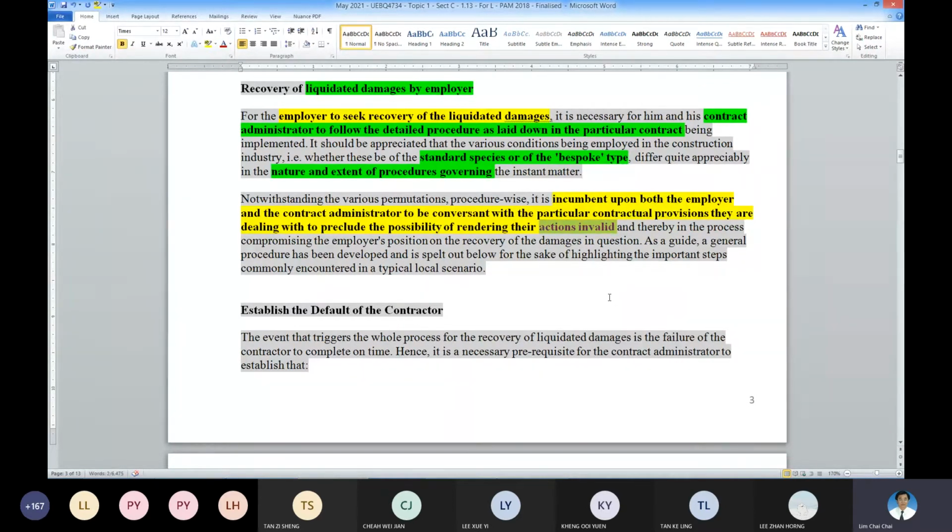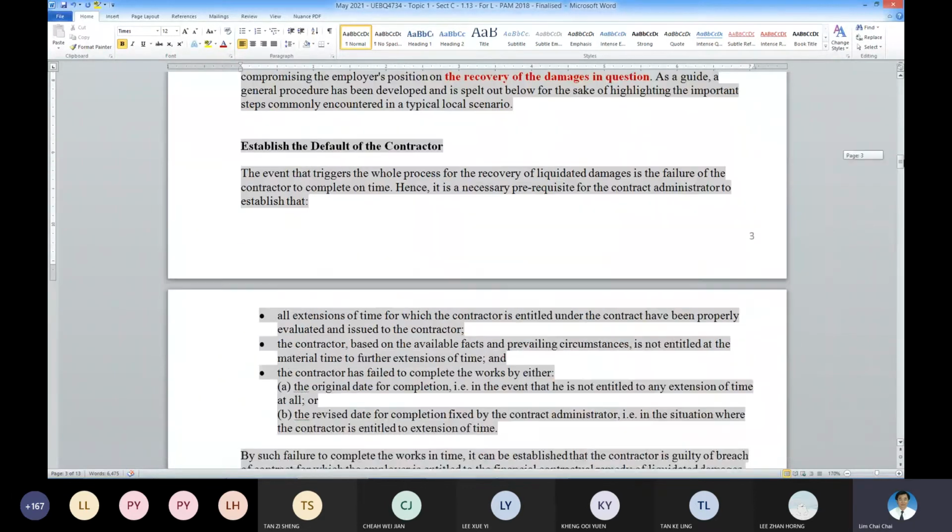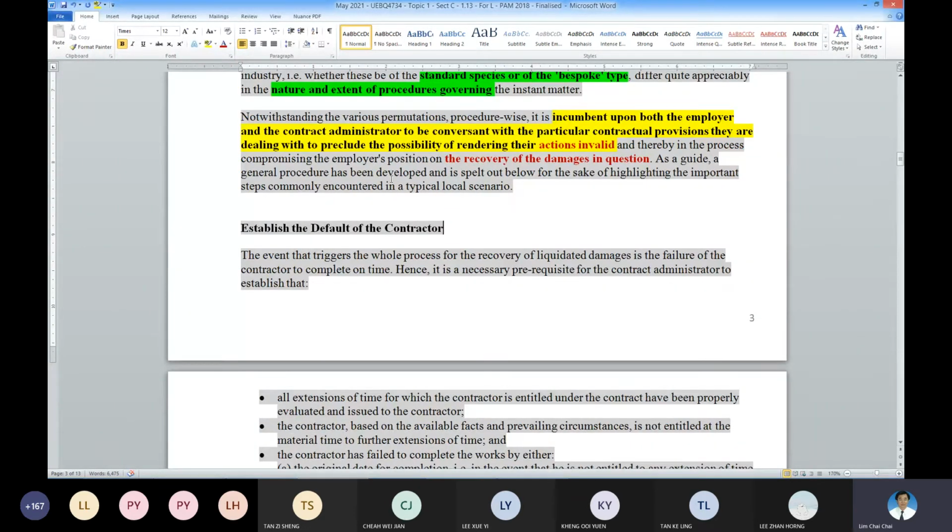Once invalid, then recovery of the damages could be in question. It means sometimes your rights are extinguished, or sometimes temporarily extinguished. So you need to follow. If not, you will be in trouble. I will go into detail on this item later.